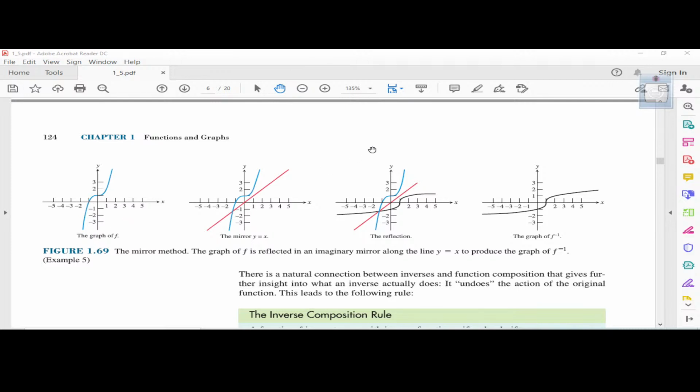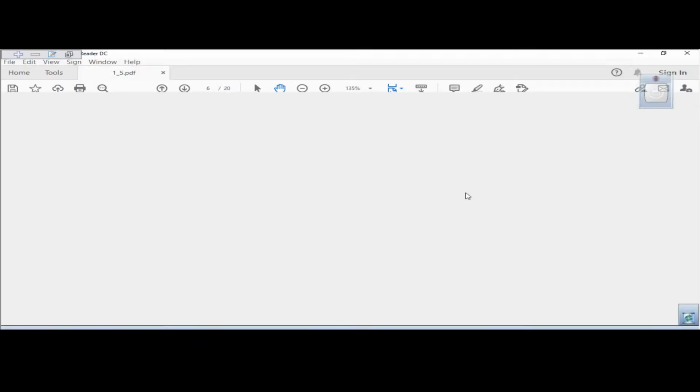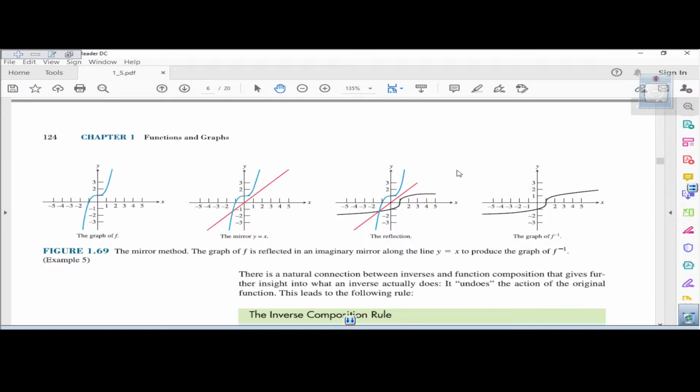I have a cubic function here, and if I were to draw the y equals x line, which is here, the 45-degree line, and I'm able to see the reflection, or I could do the reflection myself, then I could confidently claim that these two are inverses. This guy is an inverse of the other one. This is f of x. This will be f inverse of x. Okay, inverse of the function.